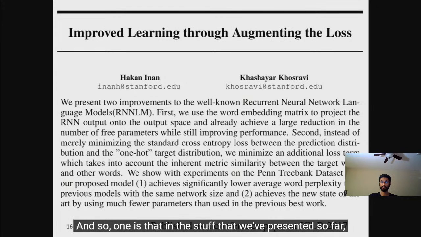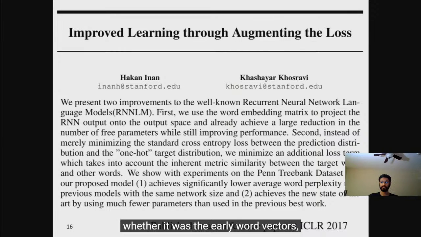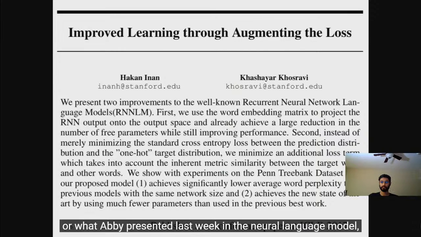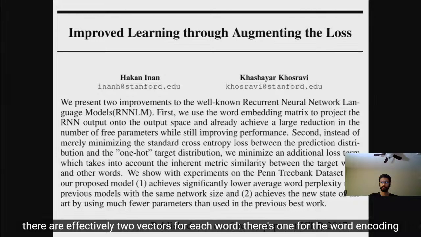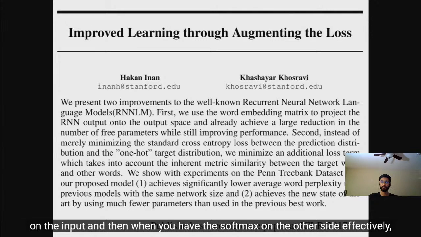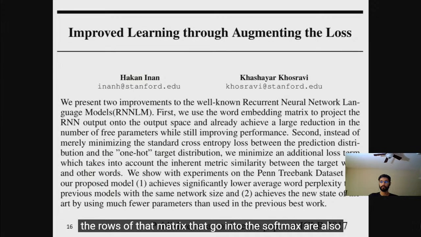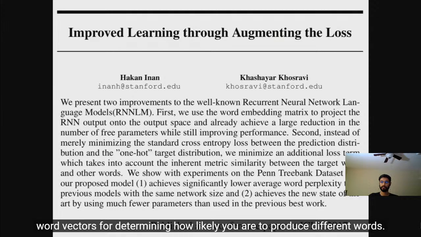One is that in the stuff that we've presented so far, whether it was the early word vectors or what Abby presented last week in the neural language model, there are effectively two vectors for each word. There's one for the word encoding on the input, and then when you have the softmax on the other side, effectively the rows of that matrix that go into the softmax are also word vectors for determining how likely you are to produce different words.